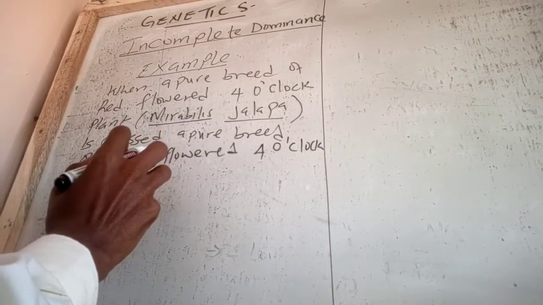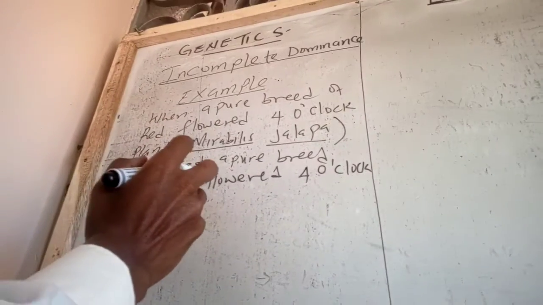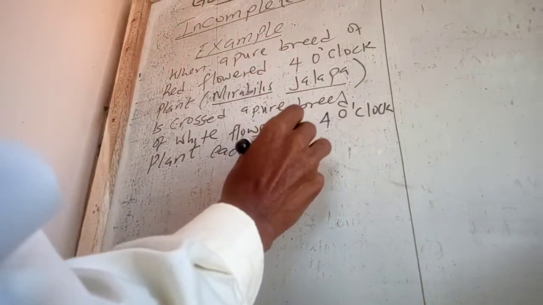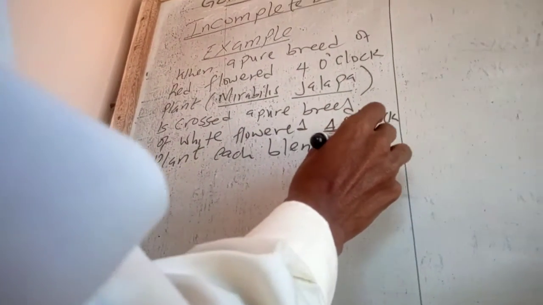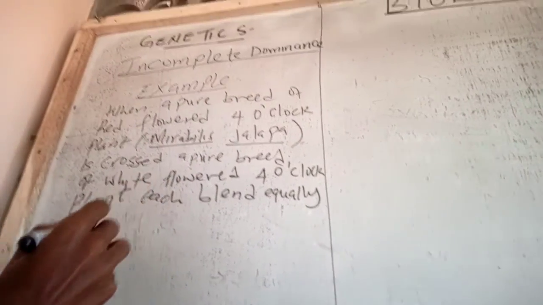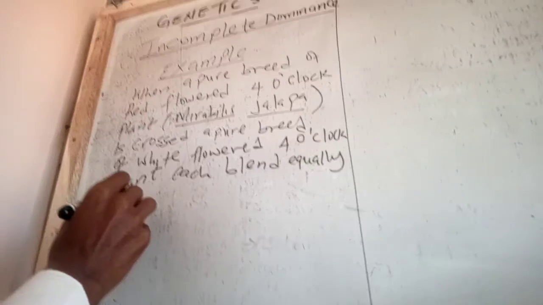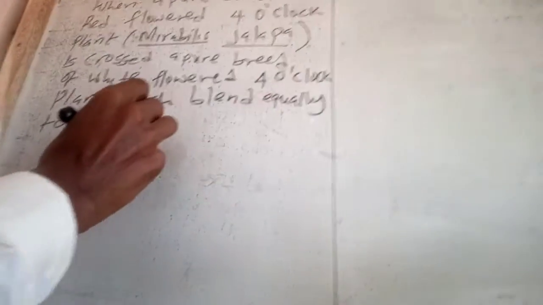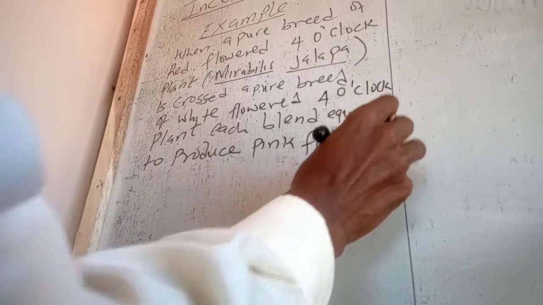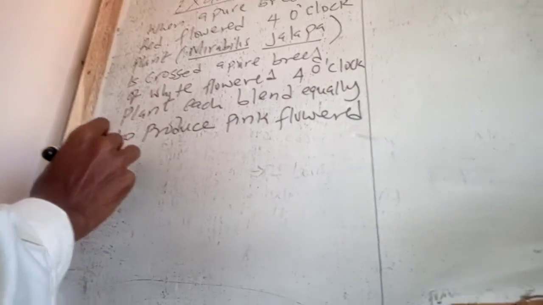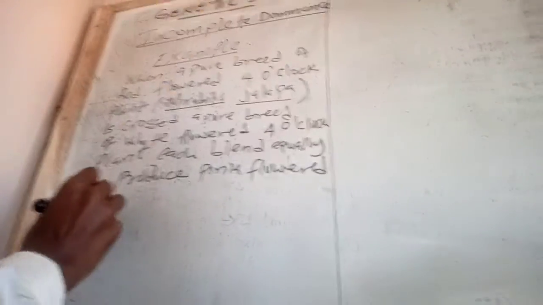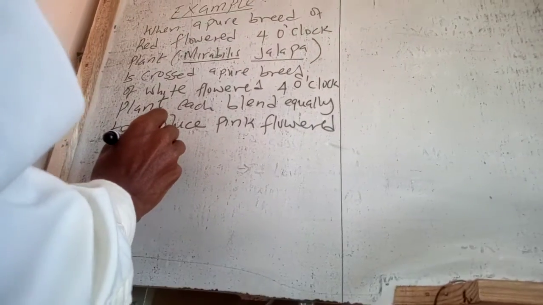Then you are told that the flowers blend equally to produce pink flowered four o'clock plants.